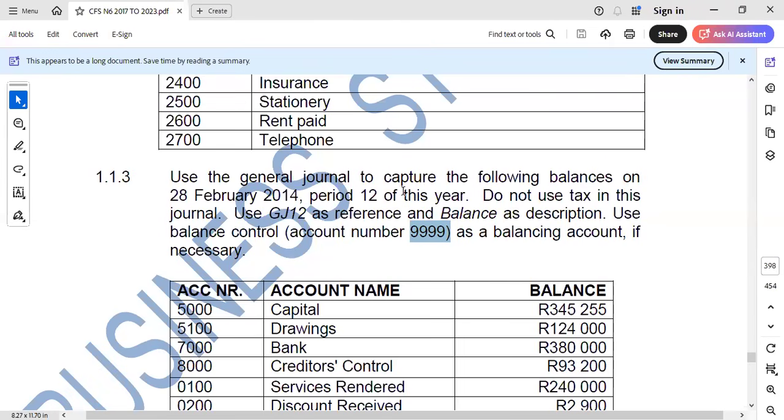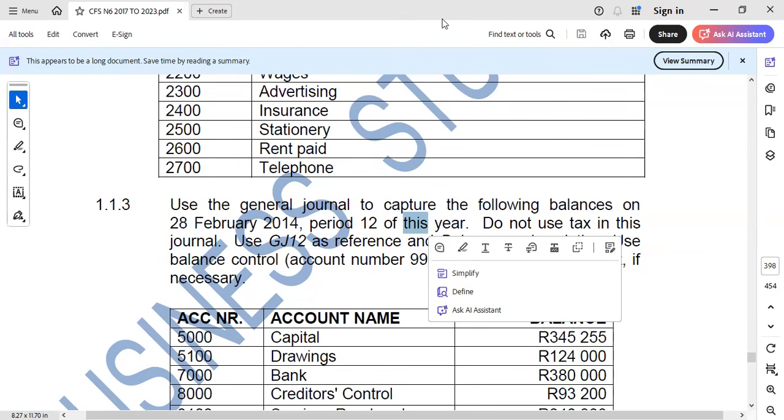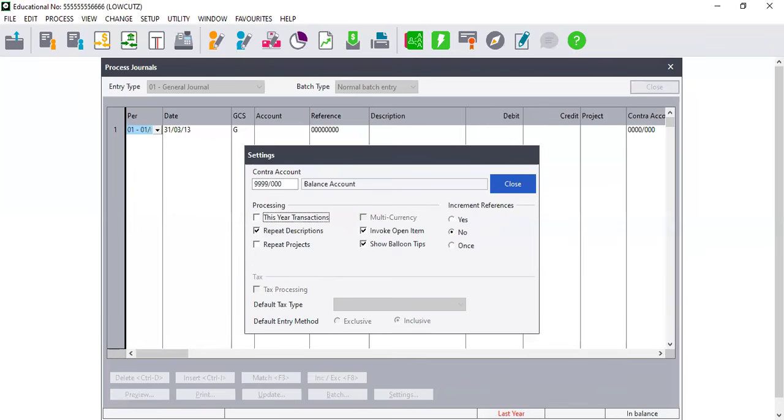Then here, if this part, let me just show you. If this part, they were saying last year, which means you are supposed to unclick this one so that you see it like this. But because they're saying this year, it must remain ticked like that, because obviously we want to do this year's transactions.